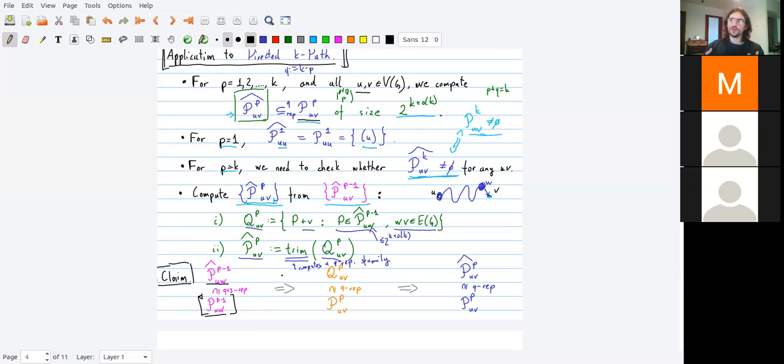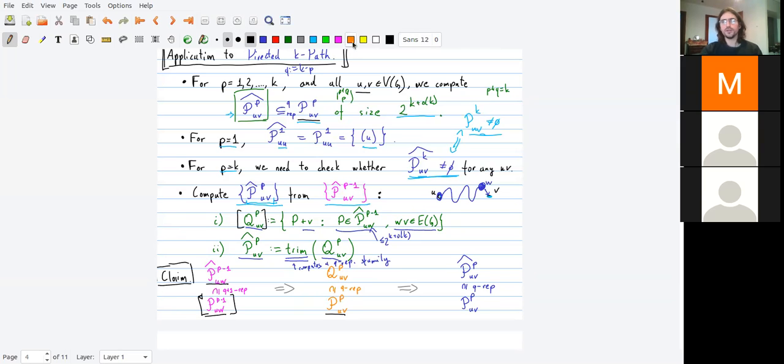And because we took all possible brute-force extensions by one vertex, you can easily see that these families Q q-represent the family of all possible partial solutions from u to v of length p, because I took all possible solutions of length p minus 1 up to representation, and extended them in all possible ways to v.